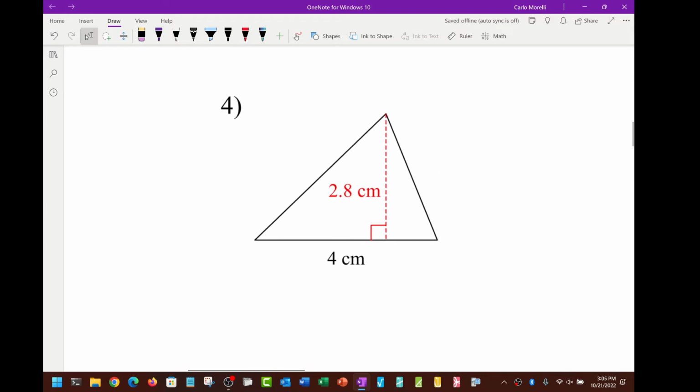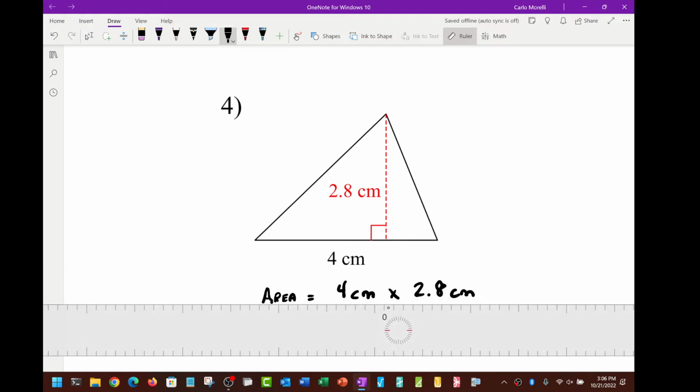Okay, moving on, we have number 4. And so we have the area equal to the base of 4 centimeters times the height, 2.8 centimeters, divided by 2.